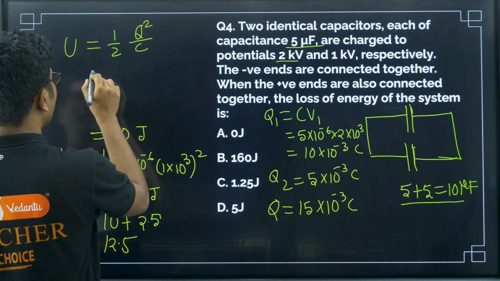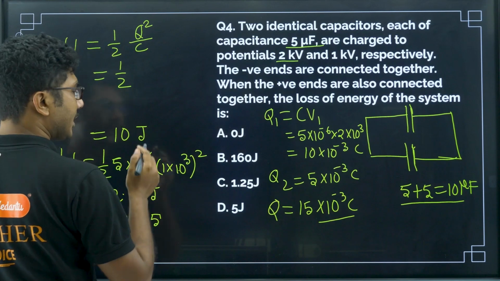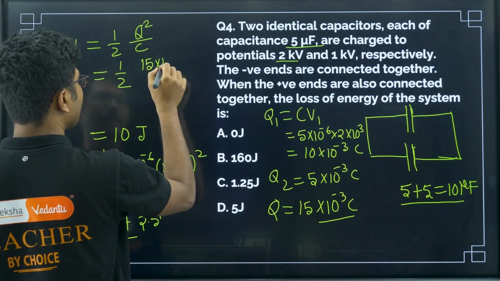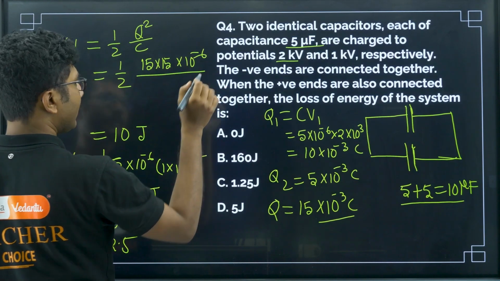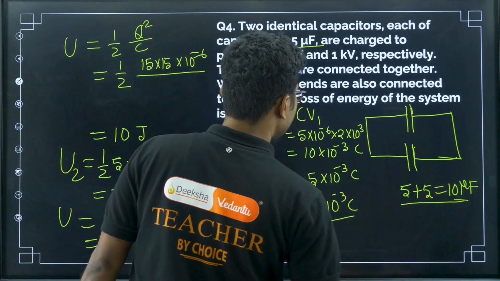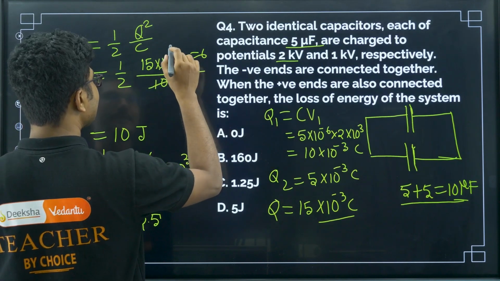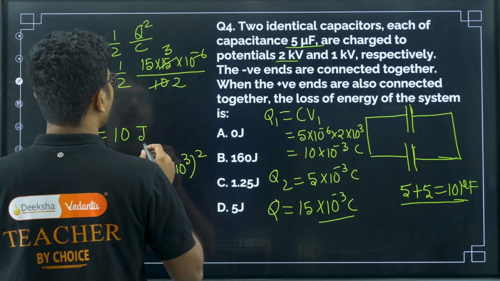Now, half Q square, where Q is 15 times 10 to the power of minus 3, whole square. So 15 times 15 into 10 to the power of minus 6, divided by C, which is 10.